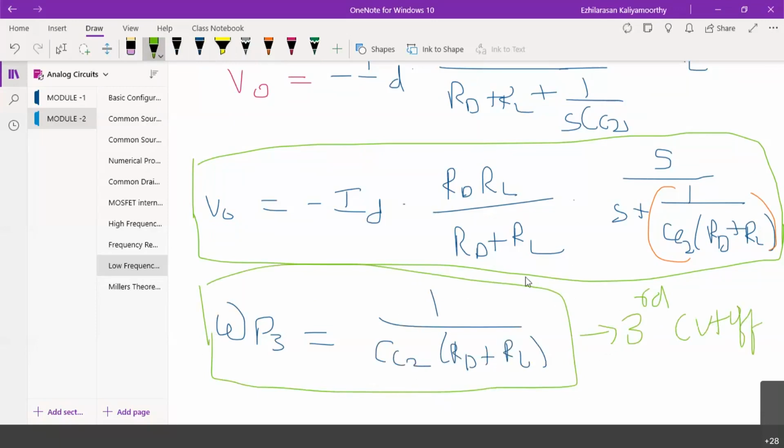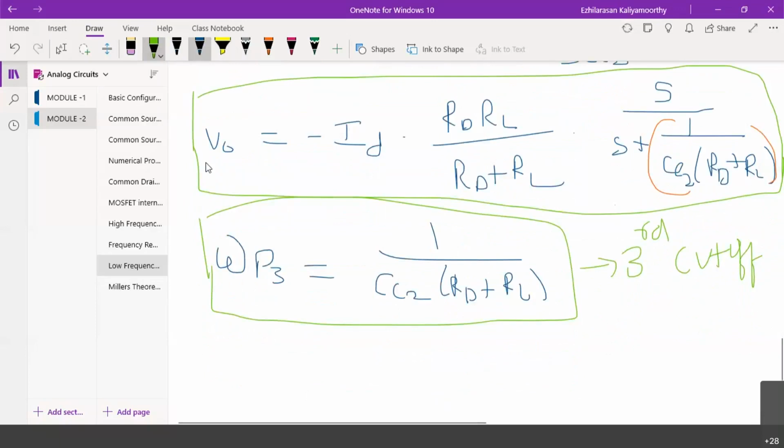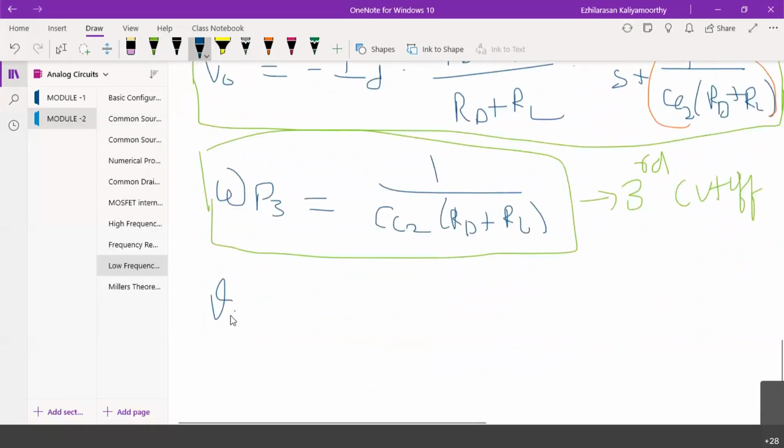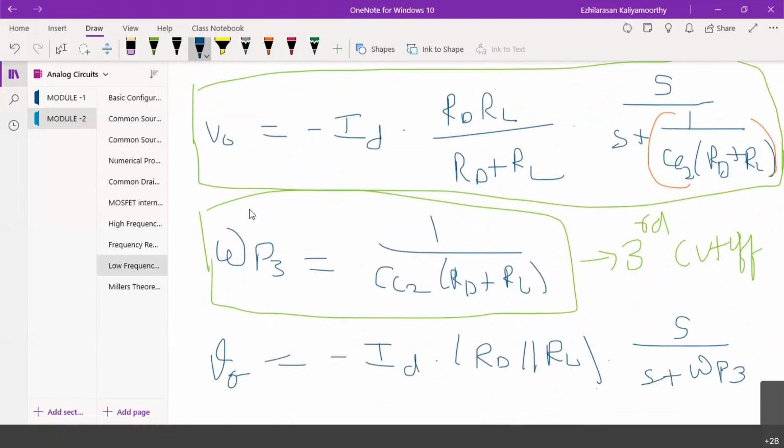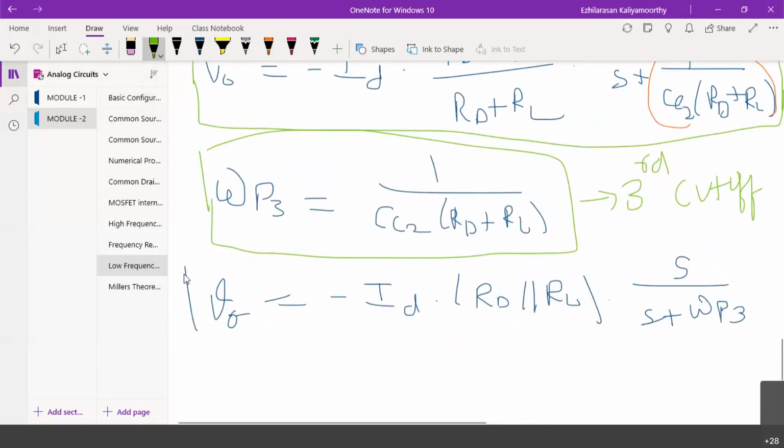So the above expression, V naught can be deduced as V naught is equal to minus ID into RD parallel with RL, then S divided by S plus omega P3. This is the expression we'll get. I hope you understood this.